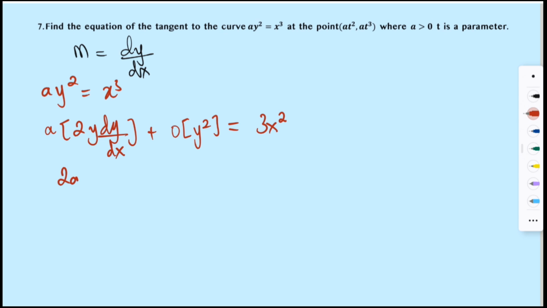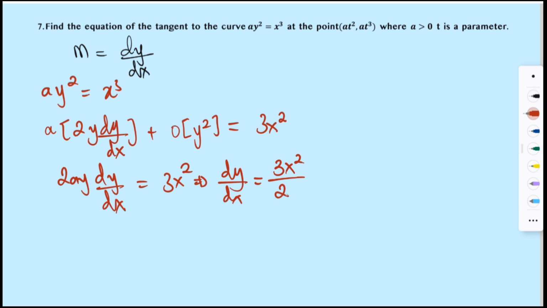Okay, so this would be 2ay dy by dx equal to 3x squared, hence dy by dx is equal to 3x squared over 2ay.